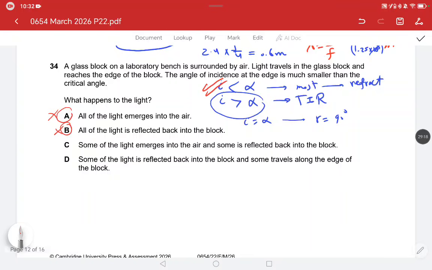Some of the light emerged into the air and some reflected back into the block. Yes, this should be the right answer. Some of the light reflected back into the block and some travels along the edge? Along the edge is if they are equal. This comes completely on the edge, and this is not correct either. So the answer is C.